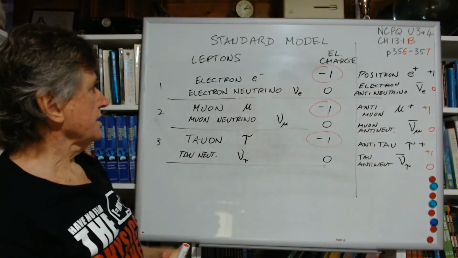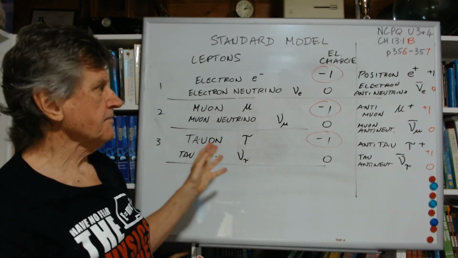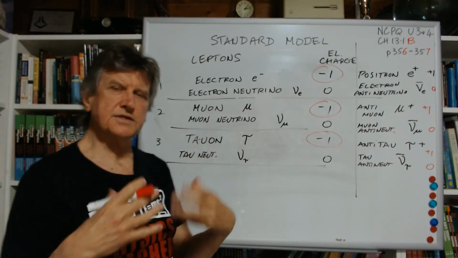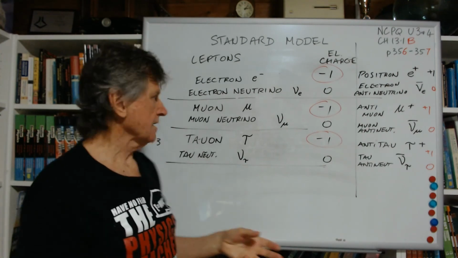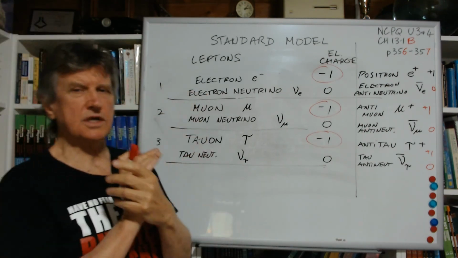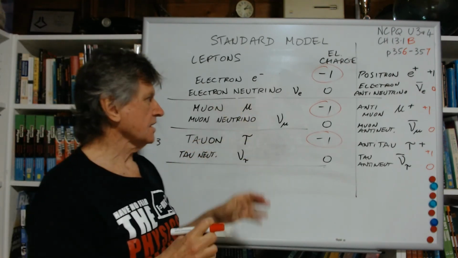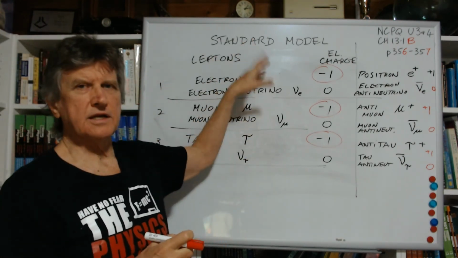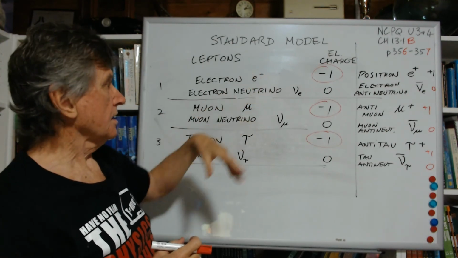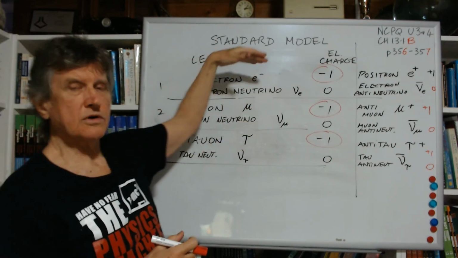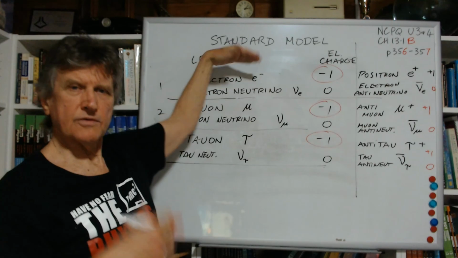Now there's not a lot else I can say to this. There's no such thing as composite leptons. You don't get 2 muons stuck together or 2 neutrinos stuck together. They're basically independent particles. Now you're going to see a lot of work on electrons travelling at relativistic speeds.